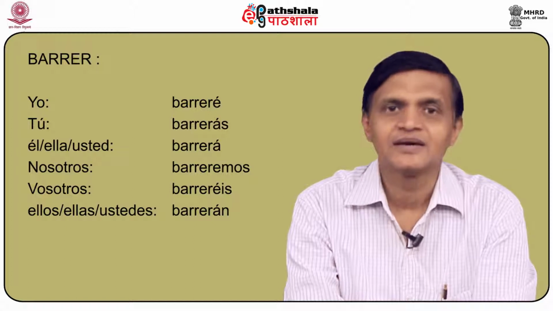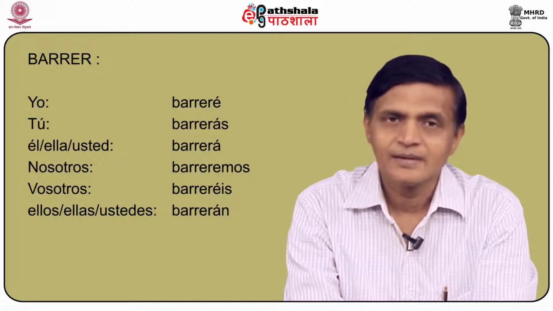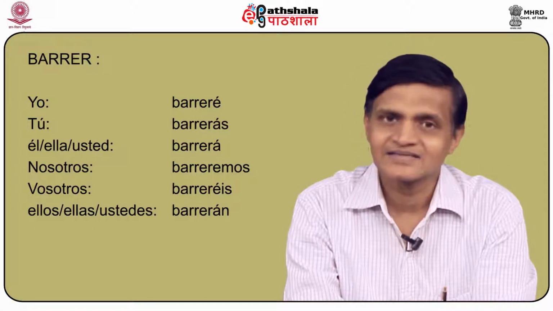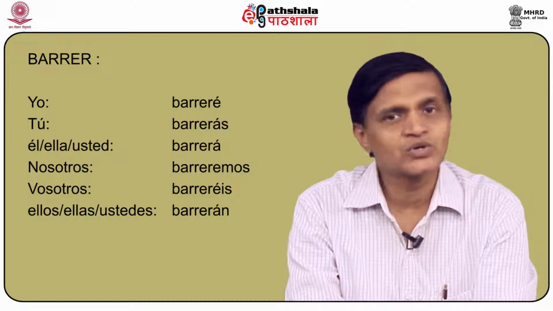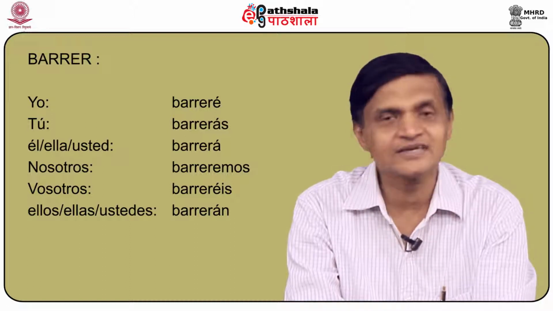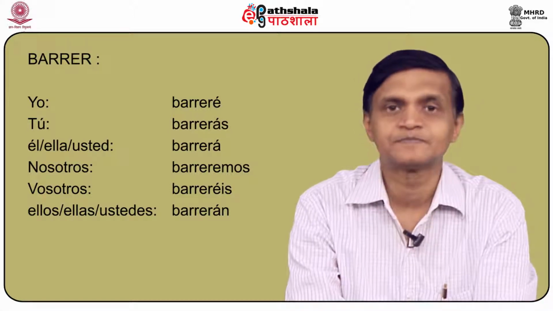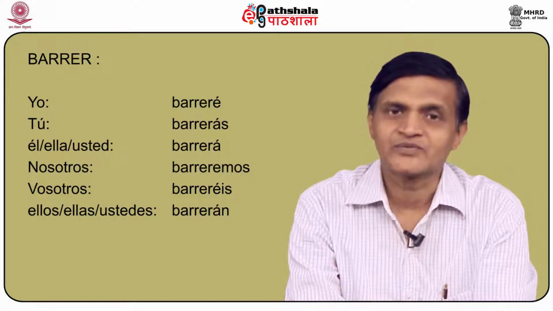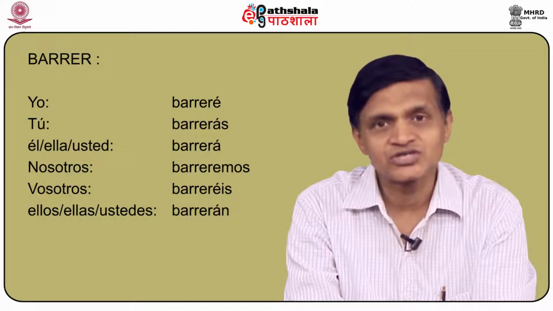I repeat, barreré, barrerás, barrerá, barreremos, barreréis, and barrerán. As I have pointed out earlier, only the nosotros doesn't have an accent, otherwise all the other forms have an accent.